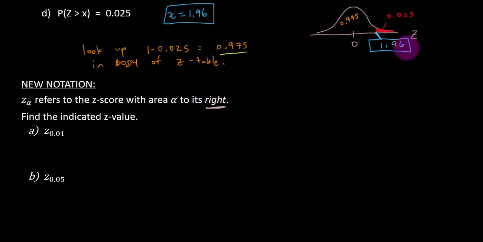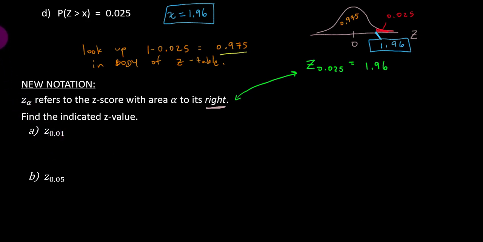That's essentially what we just did here. Another way that we could have represented this previous work would have been as z.025. That was the area in the right tail, and we found the corresponding value, the tick mark, 1.96. So we know what this notation is asking and how to figure it out. We just will have to get accustomed to this new way of writing it.